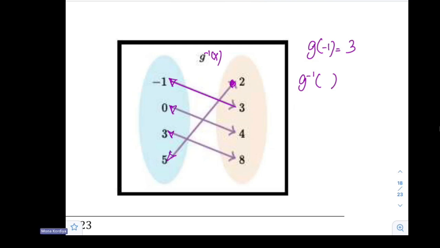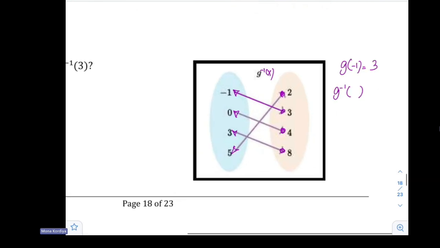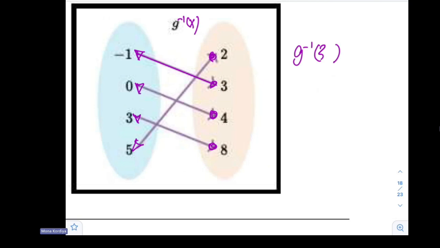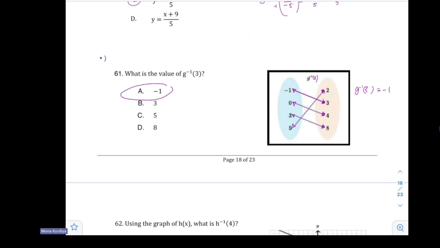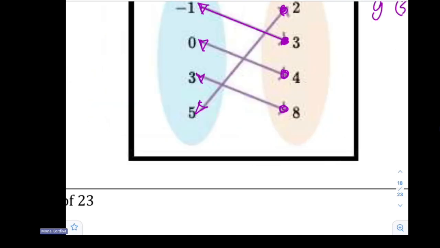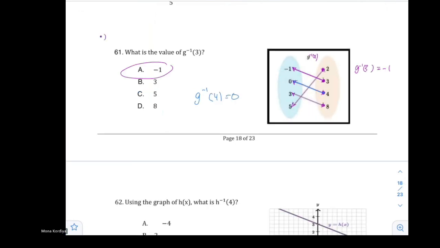So what is the inverse function of g at 3? You see where the arrow starts from 3 and goes to -1. So this is our answer. For another example, g inverse of 4: you go in the other direction from 4 to 0. So g inverse of 4 will be 0, etc.